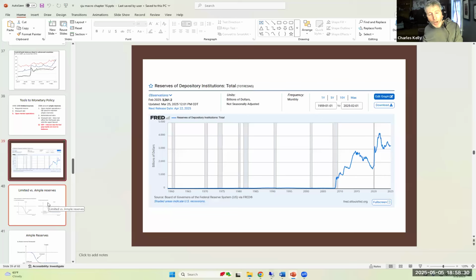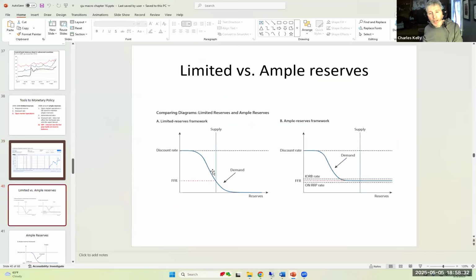So no longer do we operate with limited reserves. Now we operate with ample reserves. And so you can see that by changing the money supply a little bit, it will have absolutely no effect on the interest rate or the policy rates. So the Fed now manages the money supply by changing the interest they pay on reserve balances to either increase or decrease their policy rates, right?